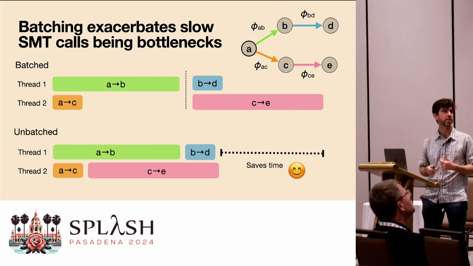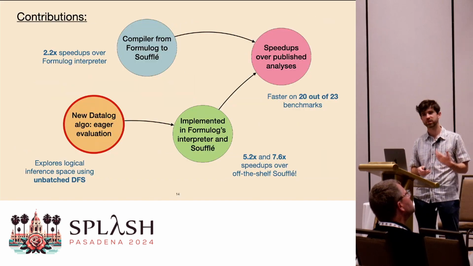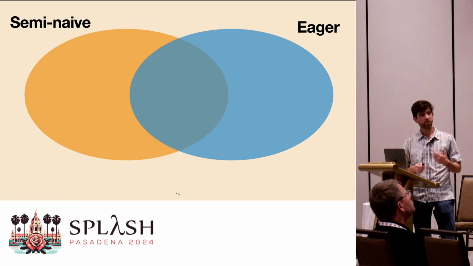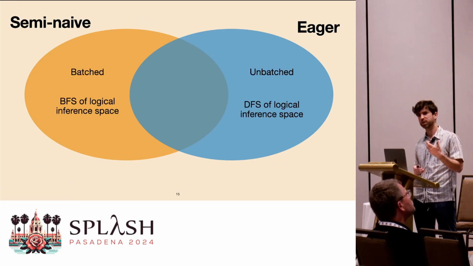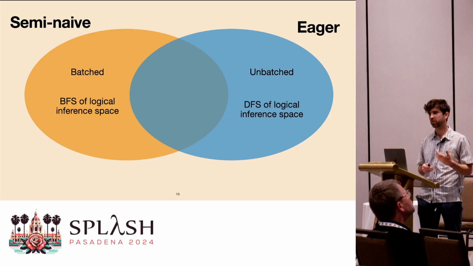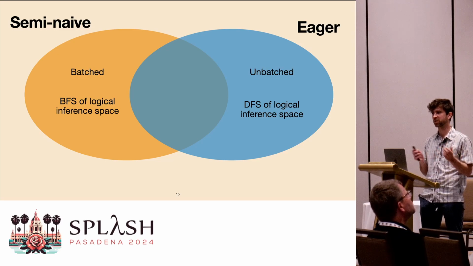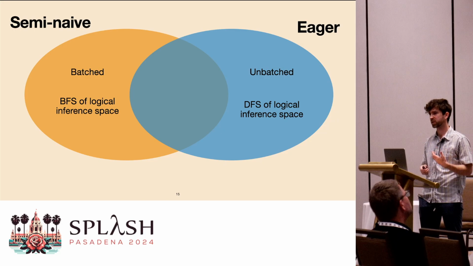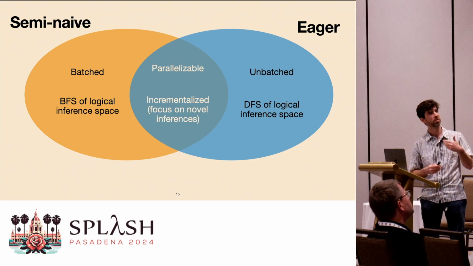So recognizing these limitations led us to develop this eager evaluation new Datalog algorithm. Whereas semi-naive is doing this batch breadth-first search, eager evaluation is going to do an unbatched depth-first search of the logical inference space. There's still some similarities. Both algorithms are parallelizable.